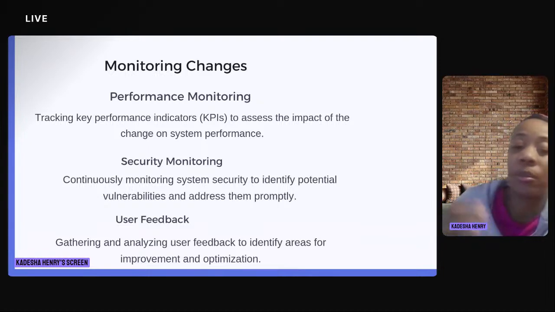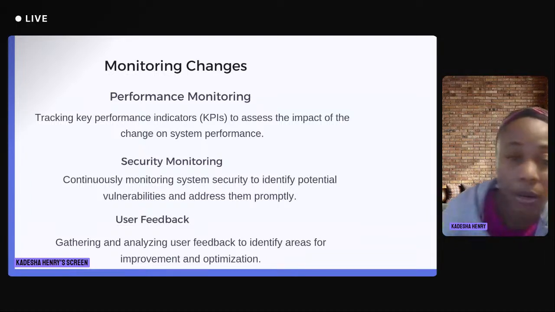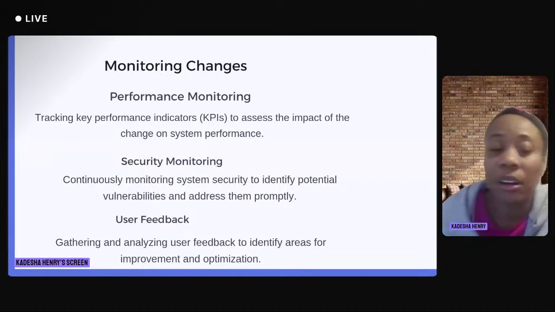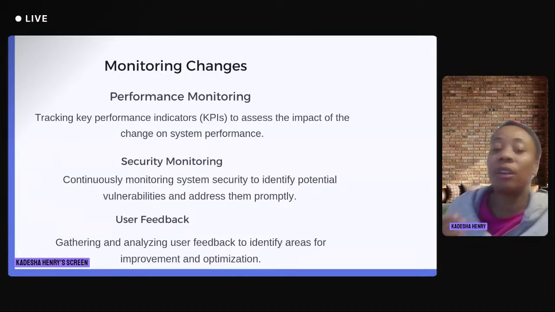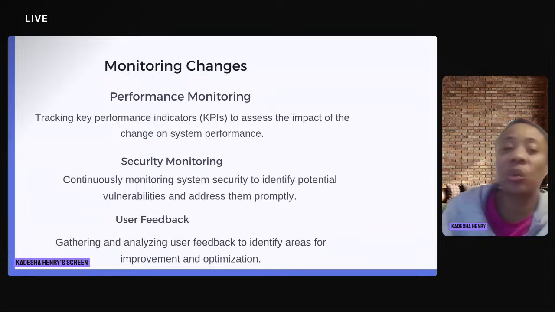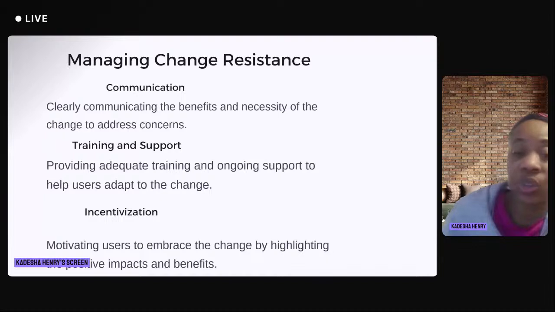So we want to make sure that we are addressing them. Then we want the users' feedback, right? We want to gather and analyze the users' feedback to identify areas of improvement, and that's what a lot of companies are doing.